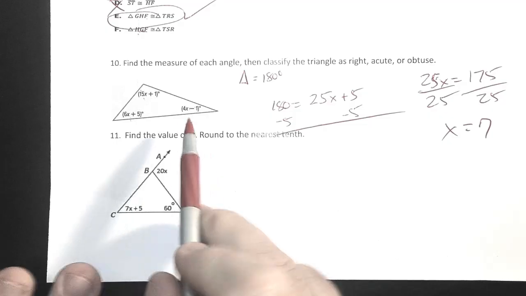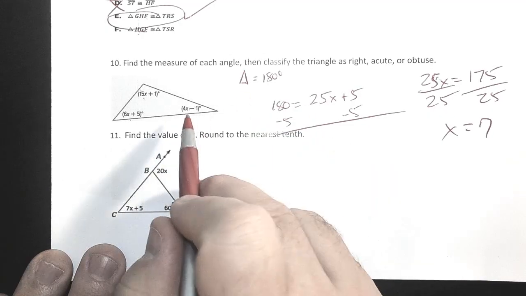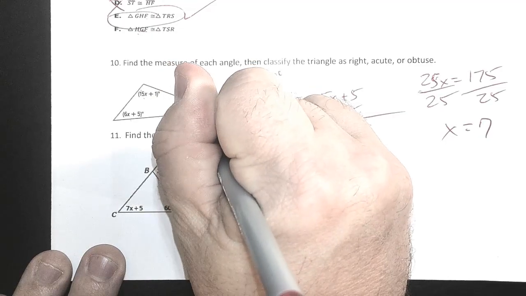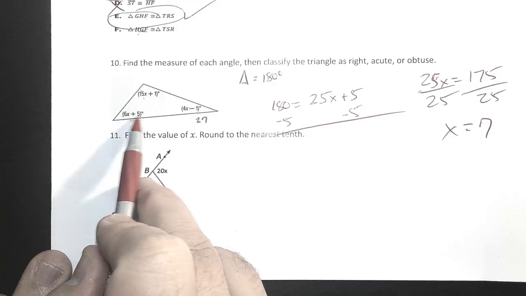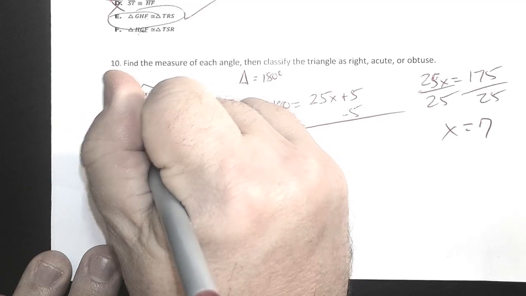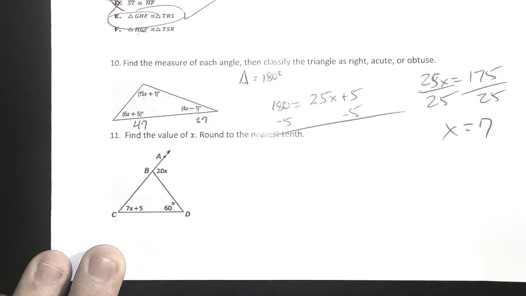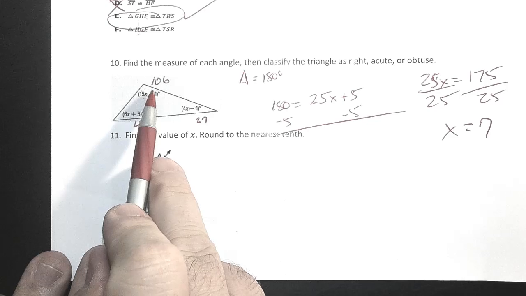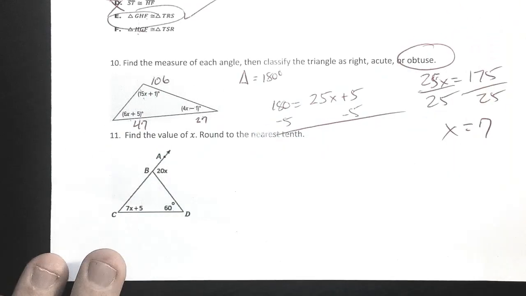So now we plug in 4x, or 4 times 7 is 28 minus 1 is 27. 6 times 7 is 42 plus 5 is 47. And then up here, 15 times 7 is 105 plus 1 is 106. So we have an angle bigger than 90. So we have an obtuse triangle.